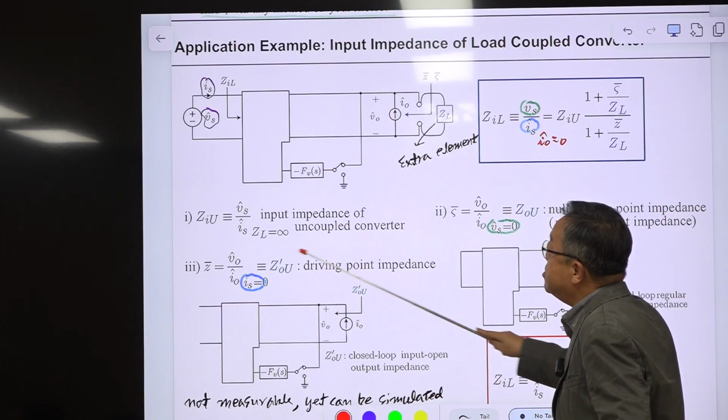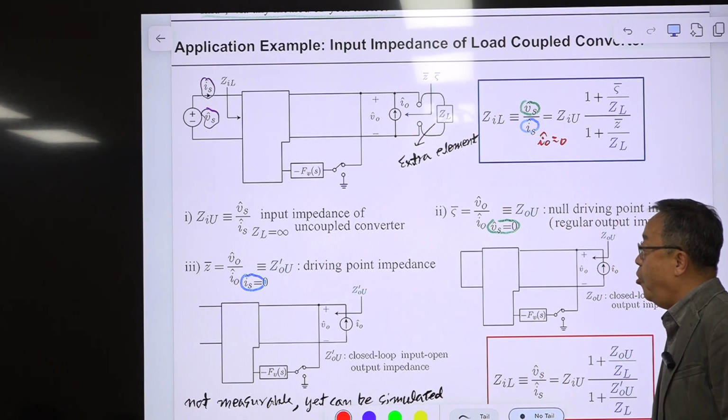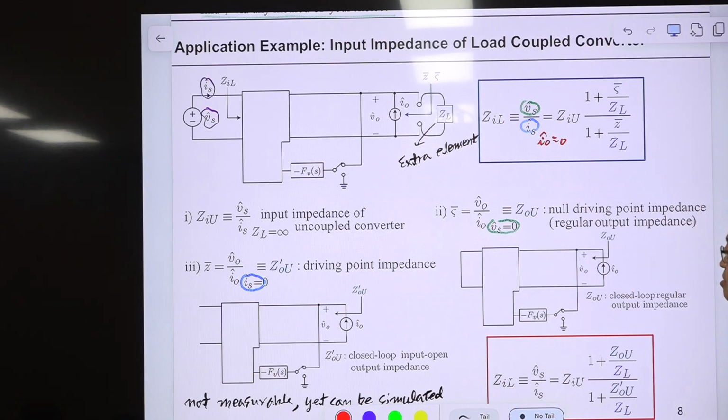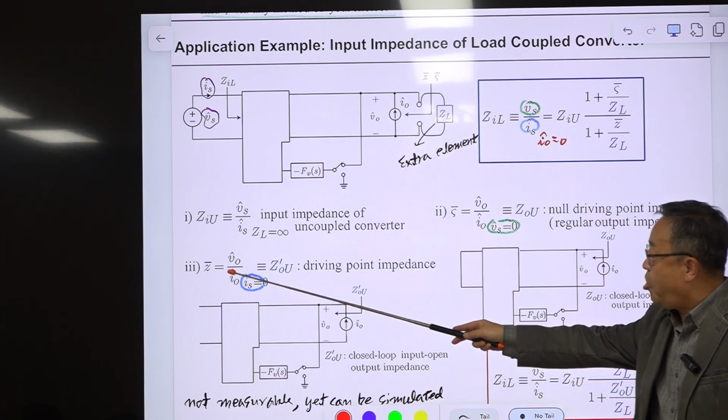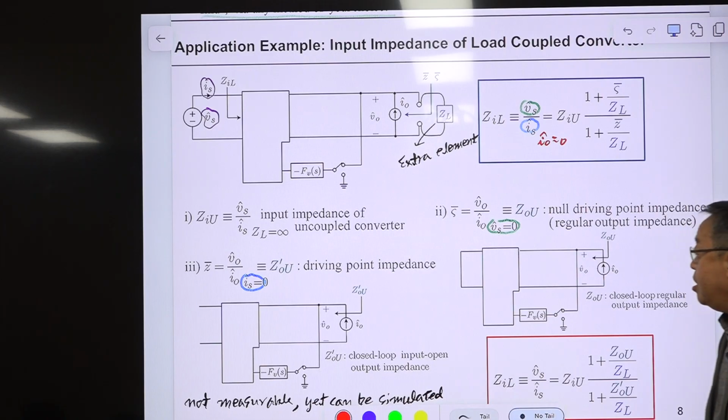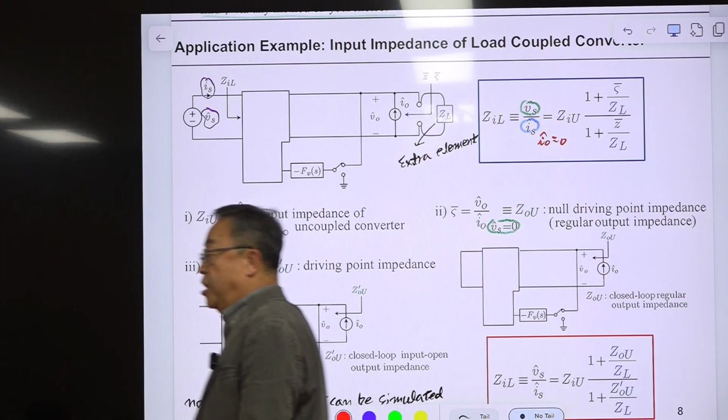Then there it is, this one, G bar, the driving point impedance. So this term is not measurable, yet can be simulated always. Then you know everything. So GL information will eventually be available. Evaluate this, you already evaluated this, then you evaluate everything.